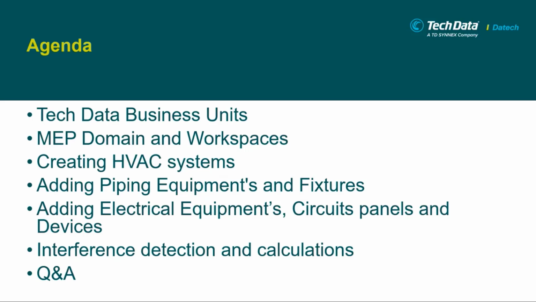When we speak of the calculations and the interference detections, they play a major role in AutoCAD MEP. Using our interference detections, most of our reworks could be completely eradicated by the automation process. Business units of Tech Data, we are the global distributors of Autodesk.